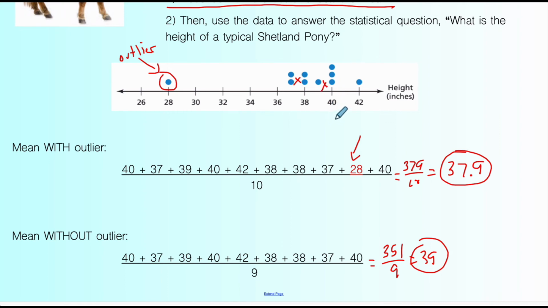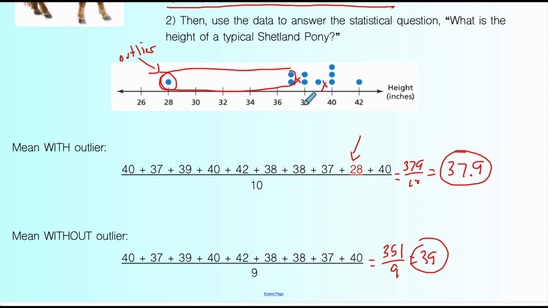So it doesn't seem like a lot, but let's look at what happened here. How does the outlier affect the mean? Well, if we include the outlier when we're calculating our average, then it's bigger than only 3 of the numbers.